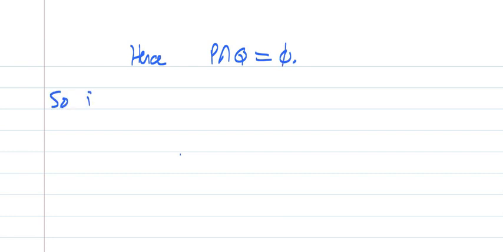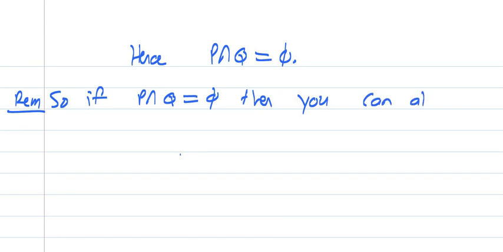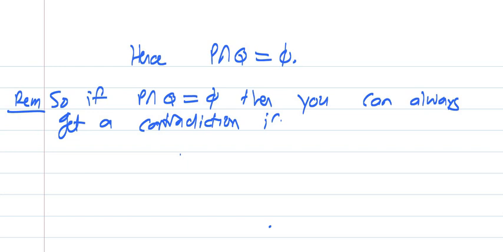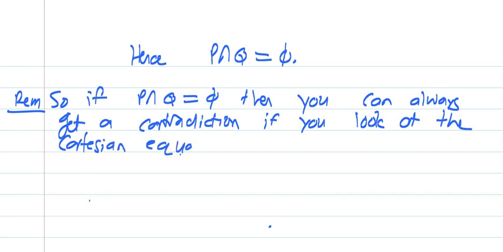So, as a remark, if P intersect Q is the empty set, then you can always get a contradiction if you look at the Cartesian equations of both planes.